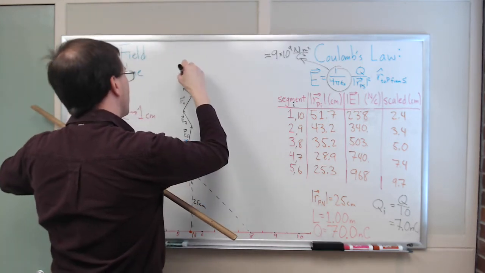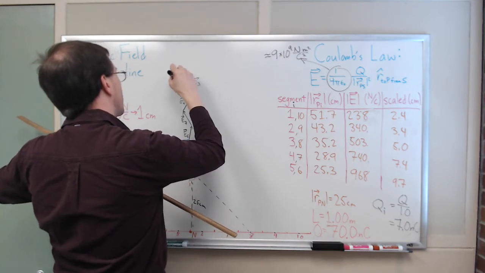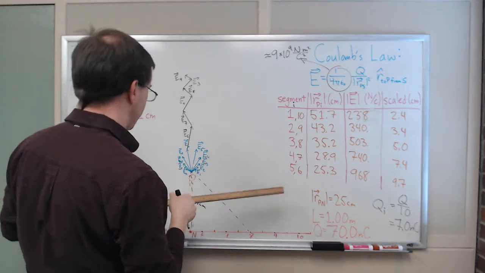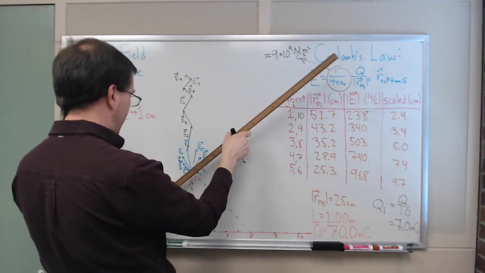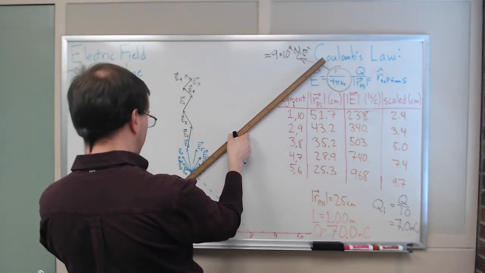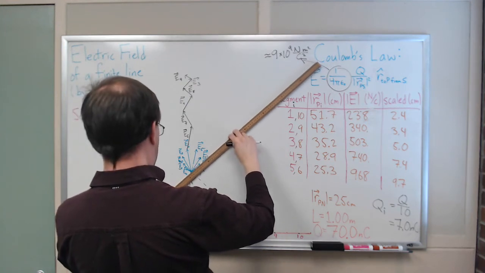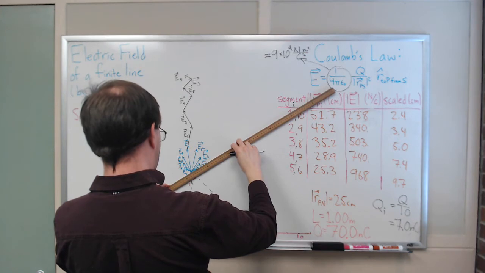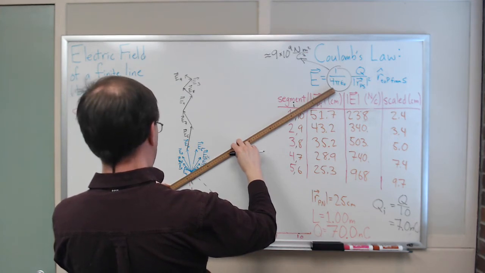So slow. This is hopefully illustrating why something like calculus is a good idea, because it takes care of these things for us. E2 will be next, and it'll also be 3.4 centimeters long. E2, line up with E2, not E3. Get the direction right. Okay, well, here we go.